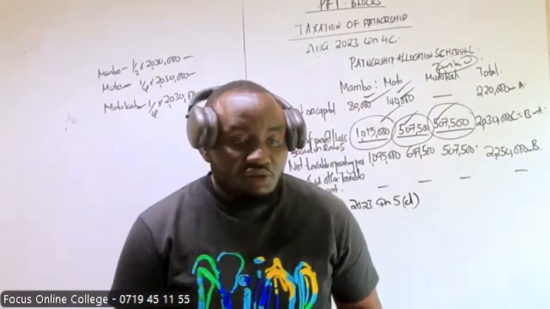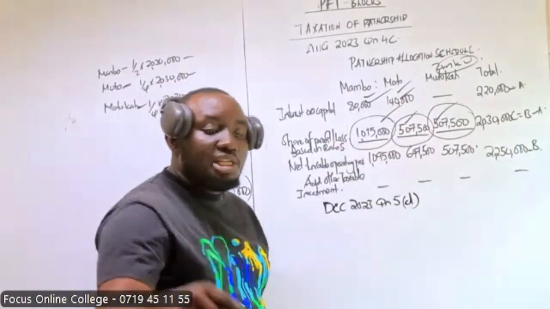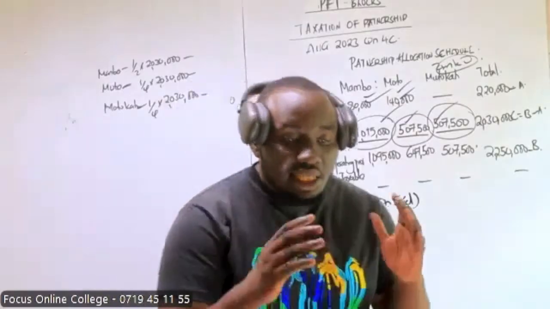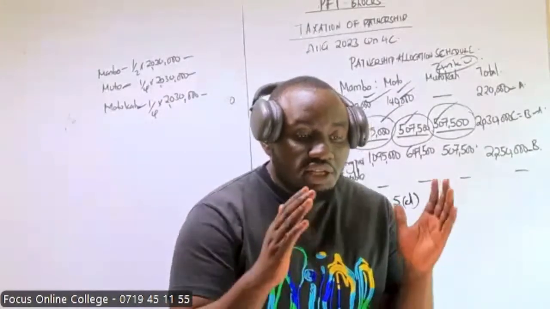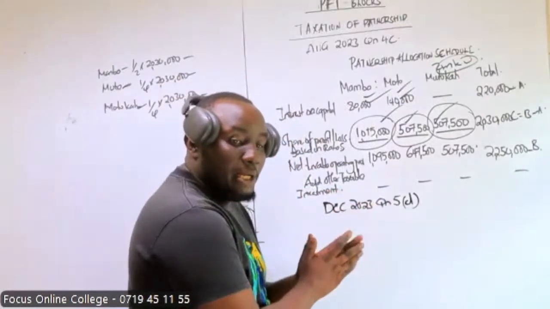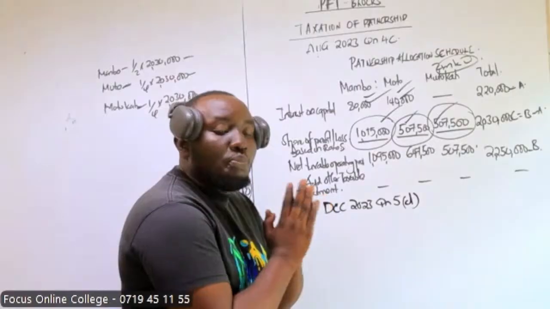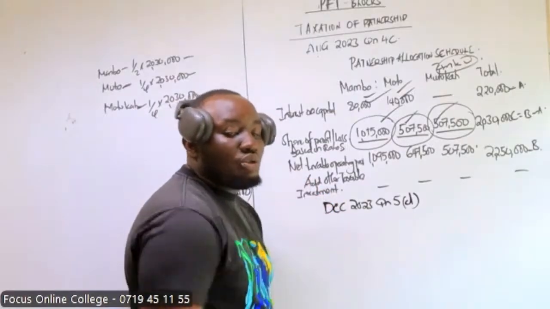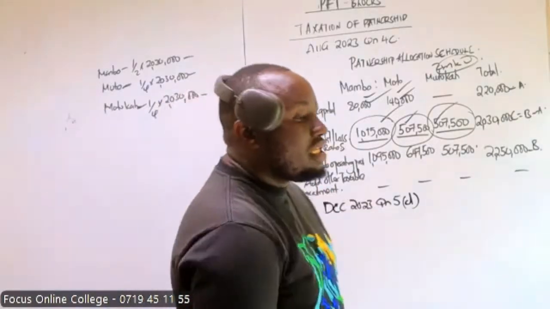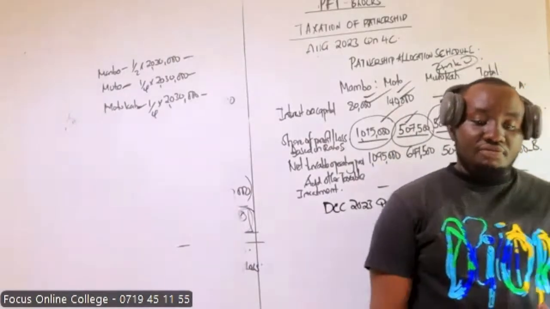If you receive dividends from a limited company, those are qualifying dividends. The only dividends that we take to the allocation schedule are non-qualifying dividends, for example dividends from cooperative society other than SACCOs. Is that noted? Give me a yes if that is noted.